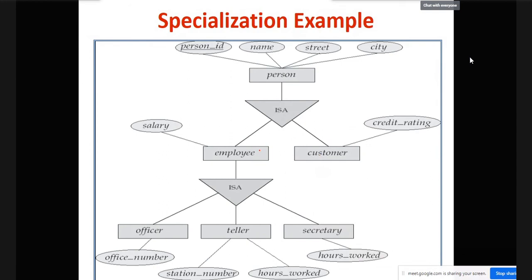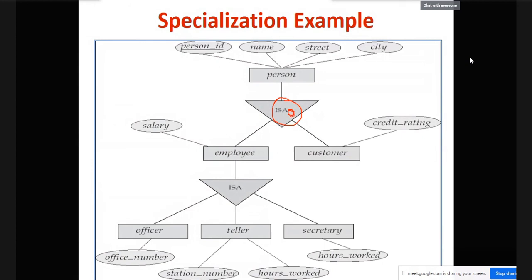So these two are together, same person. So here I will write O, overlapping. That is, a person can also be an employee and a person can also be a customer, accepted. Okay, so that is overlapping.